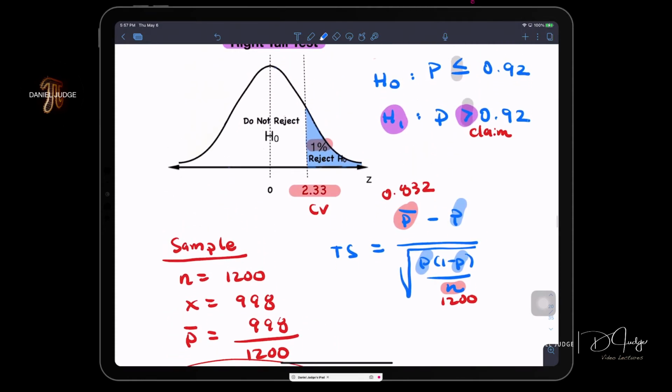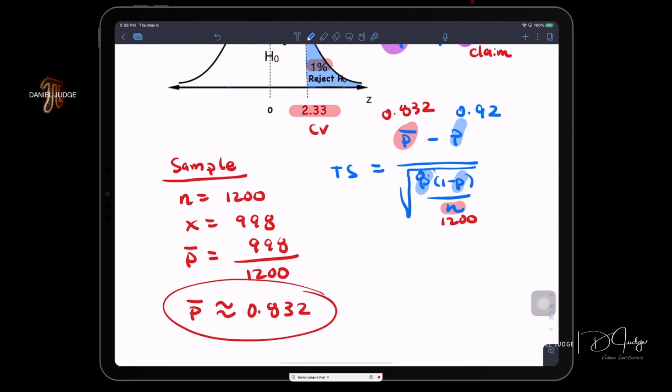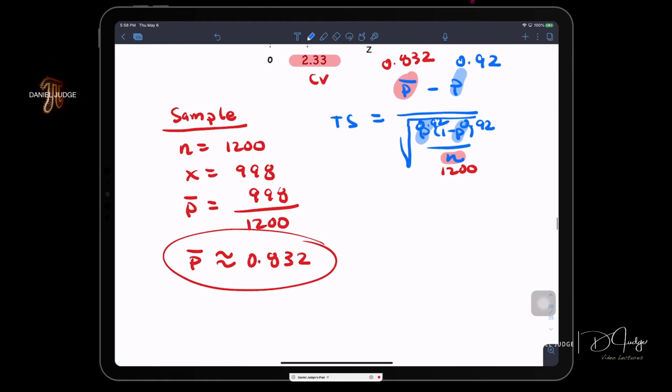So take a look. You got P less than or equal to 92%. So 0.92. It looks a bit messy. I'm going to write it twice. Clearly write it. 0.832 minus 0.92.